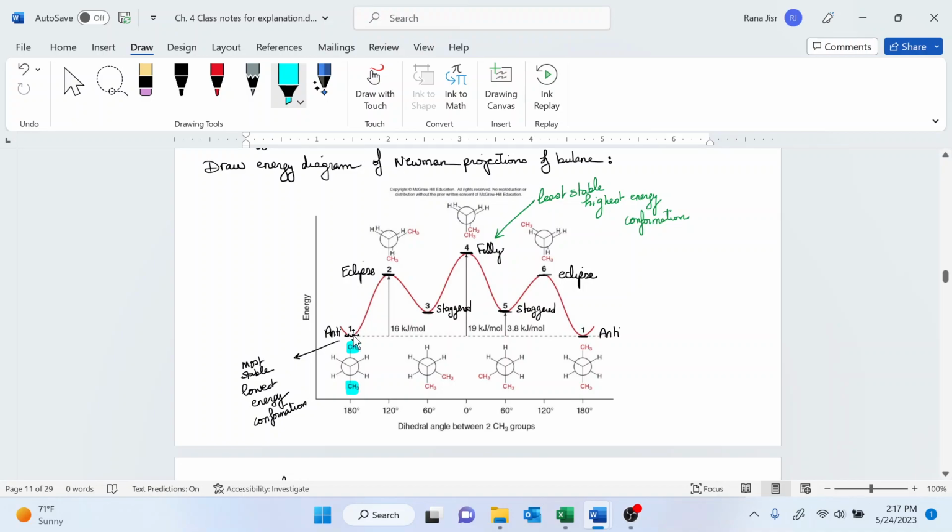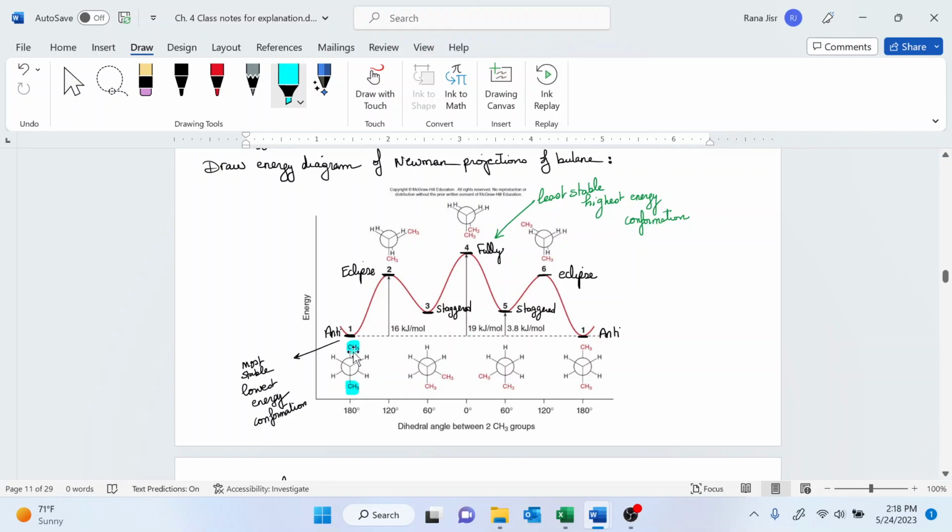So in each one of those, you either have staggered or eclipse, but there are different types of staggered and different types of eclipse based on how close the CH3s are with respect to each other. Eclipsed is always whenever the bonds are aligning with each other. And staggered is always whenever you have a 60-degree angle between the bonds.